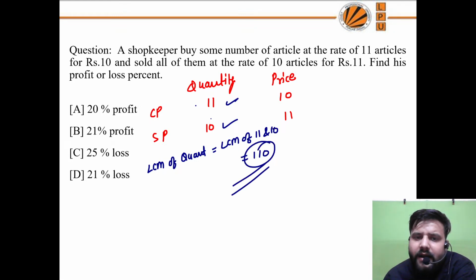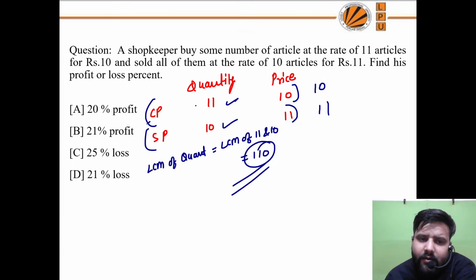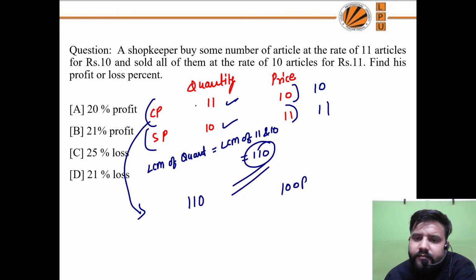It means you can make 110 in both places. So you have to multiply this CP by 10 and this SP by 11. So now it will become like this: 110 quantity in 100 rupees.